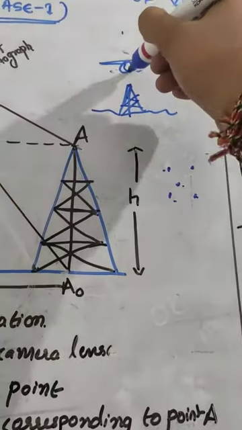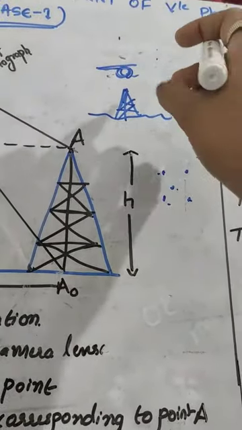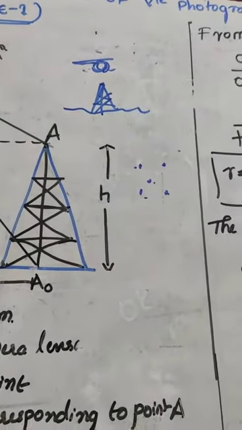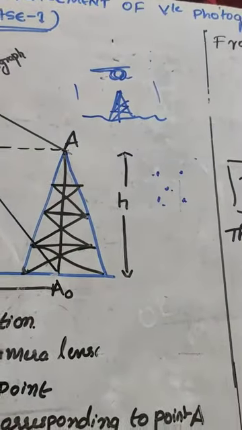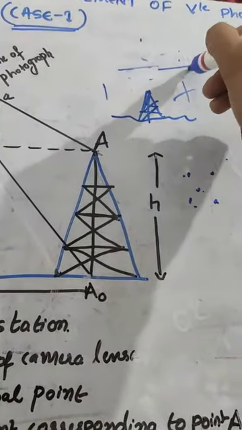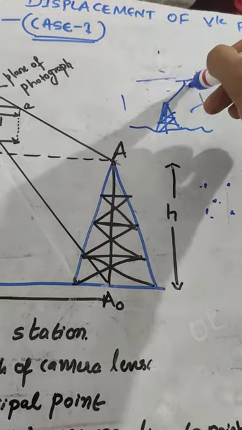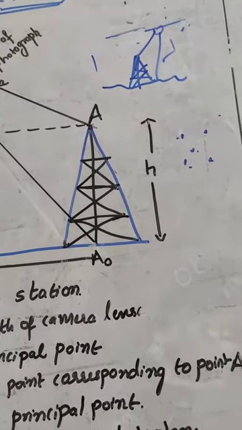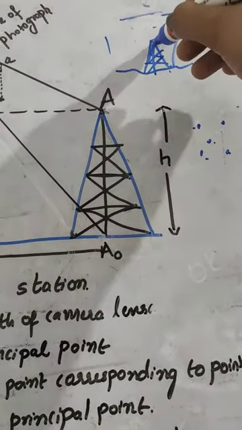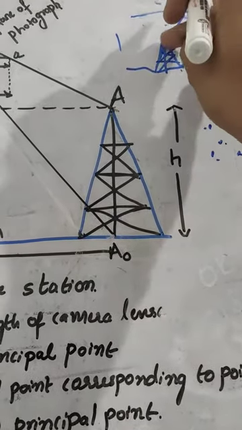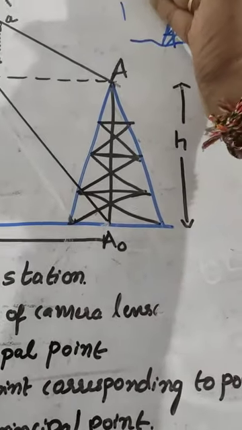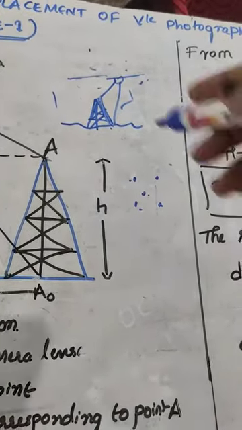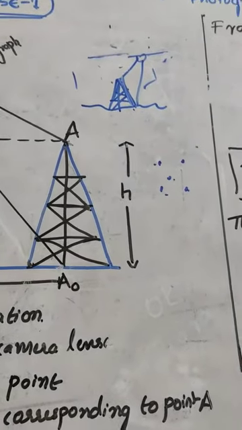But what happens when the plane takes the photograph from the side, either this side or this side? Let us consider this side. That is, the plane is here, the lens is here, and the photograph is being taken from here. Relief displacement means the displacement of an object, that is, these two points of an object are shifted on the photo plane.